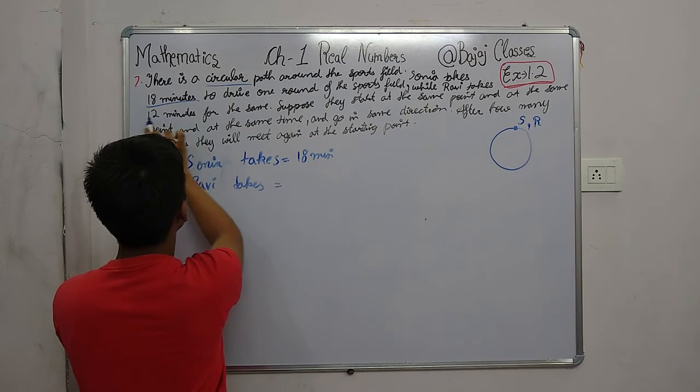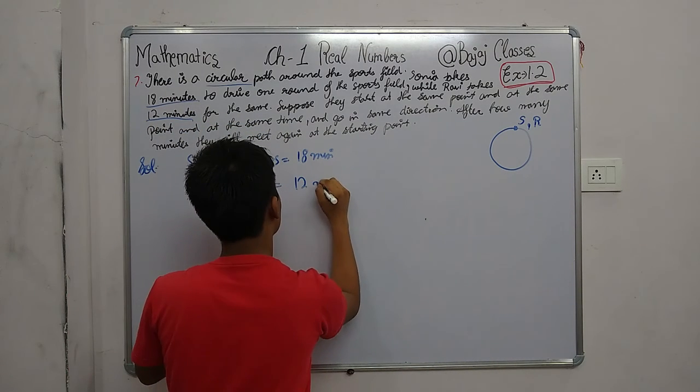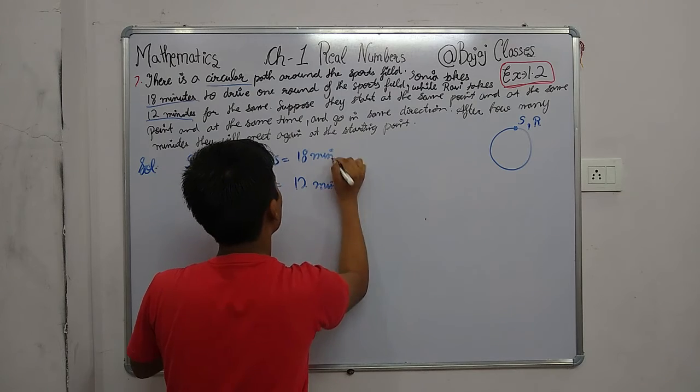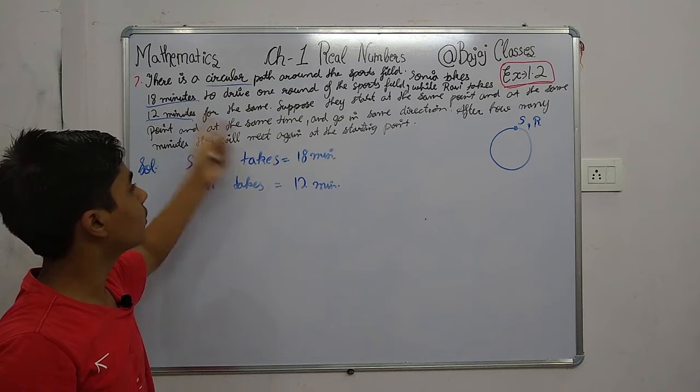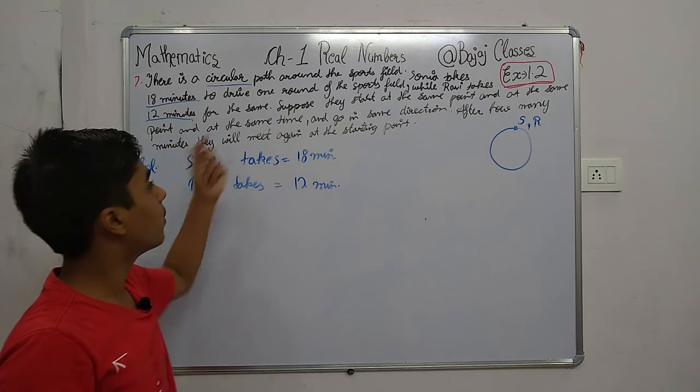It is given that Sonia takes 18 minutes to drive one round, and for the same, 12 minutes are needed by Ravi.